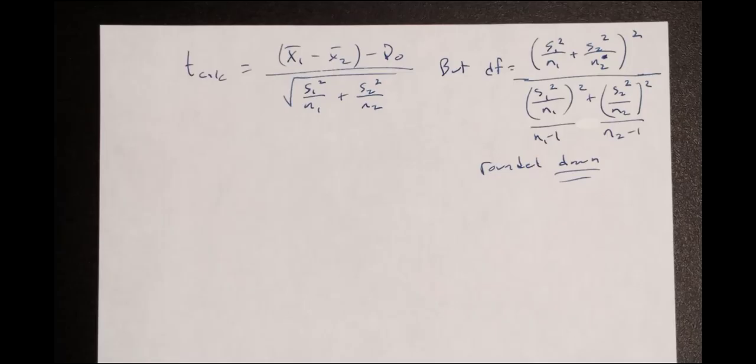This gives closer results to the t-test. It increases the slight chance of a type 1 error, a false positive, but it really does work fairly well. Let me pull up one of the Excel examples.